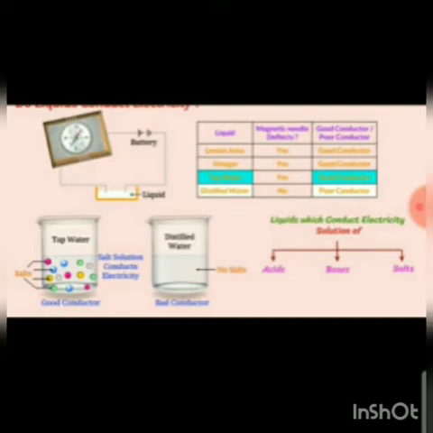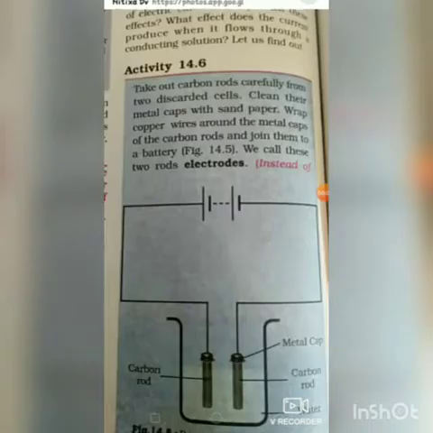Can you see in the above table, the liquid and whether the metallic needle deflects, and whether it is a good conductor or a poor conductor. Here it is given lemon juice, so it is yes, and it is a good conductor. The same for vinegar and tap water. In distilled water there is no presence of salt, so it is a bad conductor of electricity.